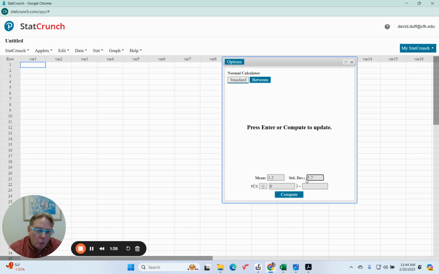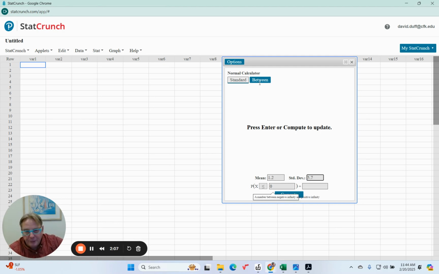But if you go one standard deviation below the mean, you'll have 1.2 minus 5.7, which is equal to negative 4.5. So just one standard deviation below the mean is a negative number. In other words, the possibility of losing weight is entering the equation.